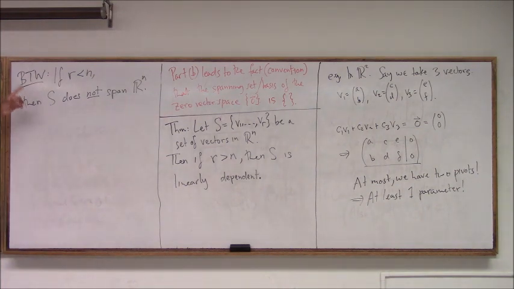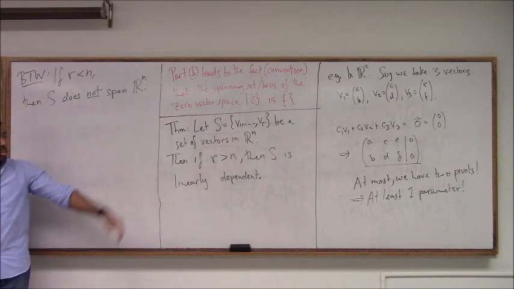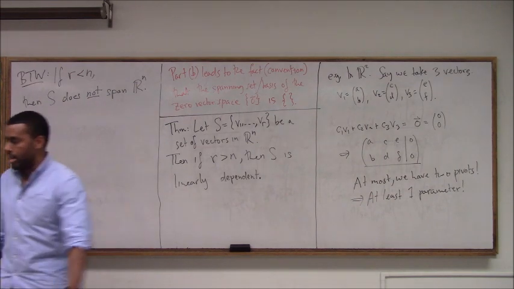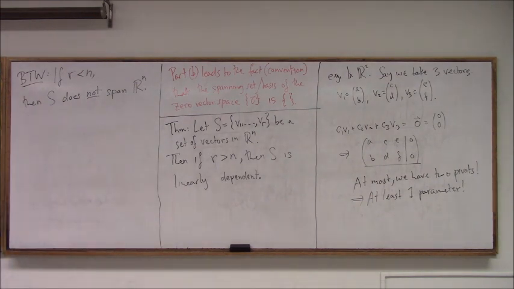For it to span, it has to be greater than or equal to n. For them to be linearly independent, it has to be less than or equal to n. Which means if you want both to work at the same time, you need equality. And we're going to talk about that in the dimension section, 4.5. But at this point, we have these facts that we're picking up along the way.